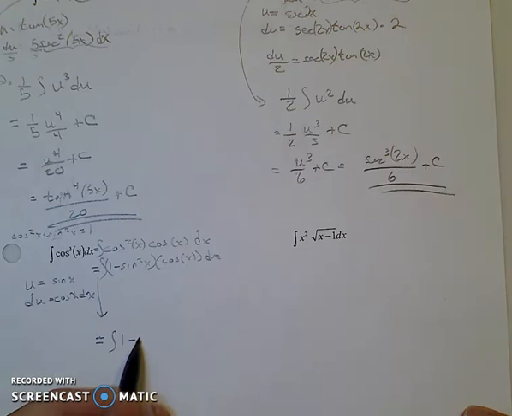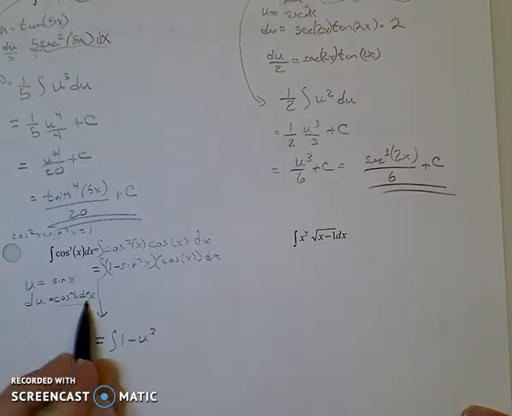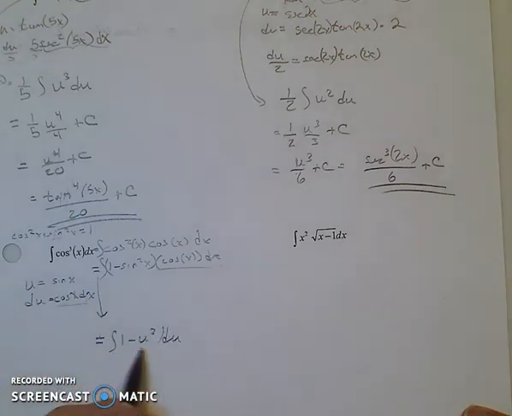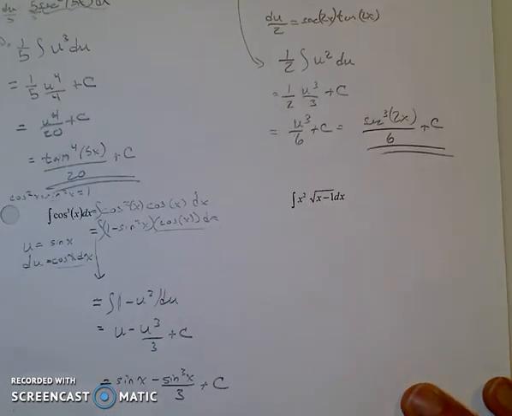We have 1 minus u squared, and we've taken care of that, du. Well, that's fairly straightforward. u minus u cubed over 3 plus c. And now we've got u is sine x, so sine x minus sine cubed x over 3 plus c. Wow, and if you could see that, it would be even better.